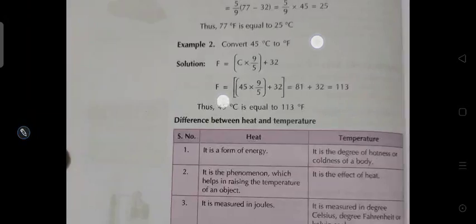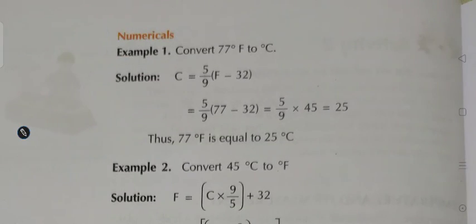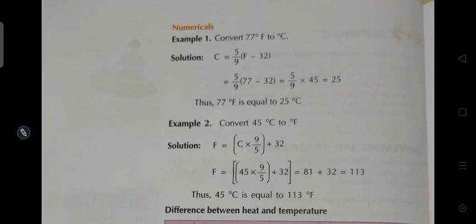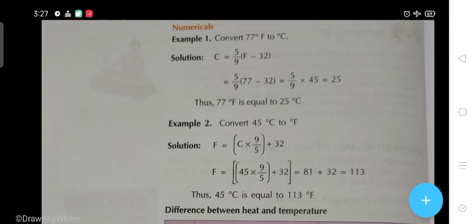As we see, students, some examples of these formulas, how we can apply those formulas to find out the degree Celsius and degree Fahrenheit. Yes, first example is here. Convert 77 degree Fahrenheit to degree Celsius. Here we have to apply that formula. We have to convert degree Fahrenheit into degree Celsius.